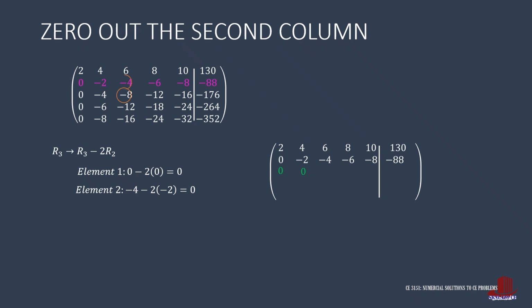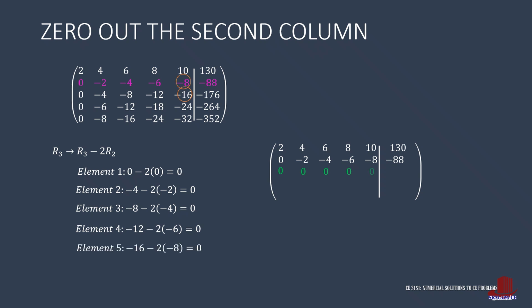The third element is solved from negative 8 less twice of negative 4, which is simplified as 0. Then negative 12 minus twice of negative 6 is 0. For the fifth element, negative 16 less twice of negative 8 is 0. The last element is negative 176 minus twice of negative 88, which is also 0.